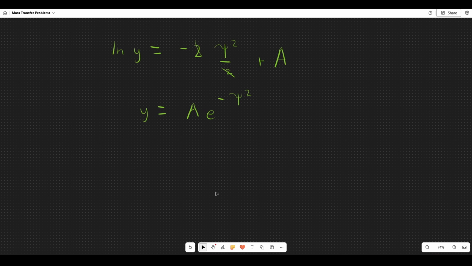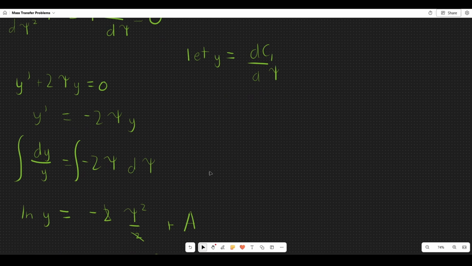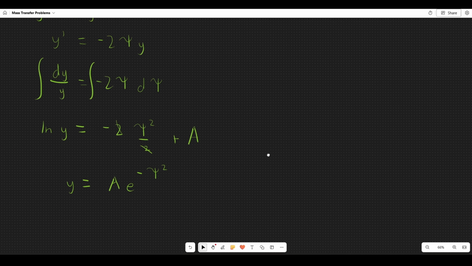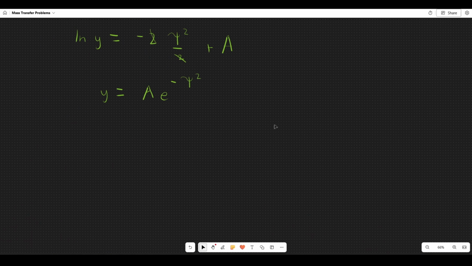Perfect. But remember that y is nothing but dc1 by d psi, so it's still a derivative. And so what we have to do is that this is now dc1 equals a e to the minus psi squared times d psi.